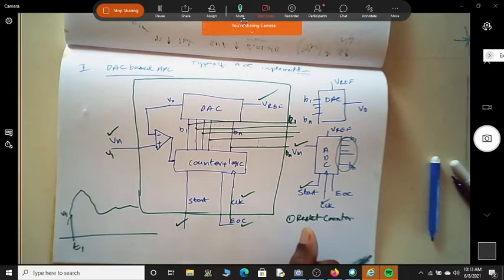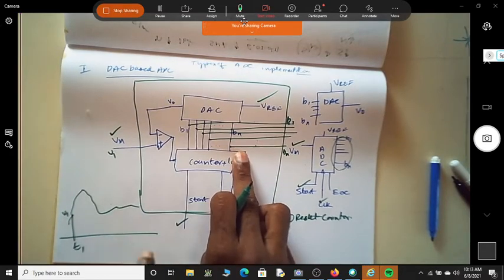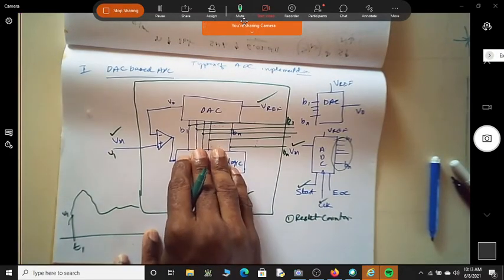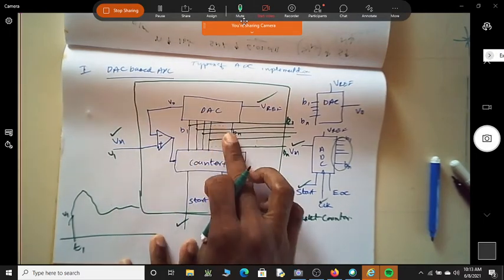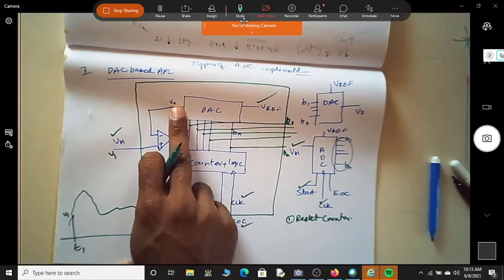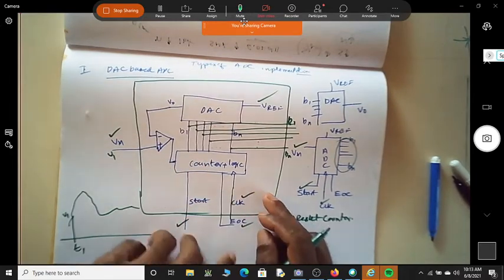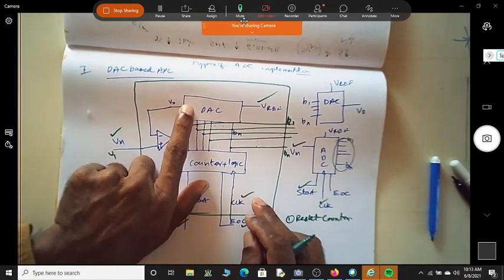All the outputs are 0 from the counter. If outputs are 0 from the counter, what will be the output of the DAC for those 0 inputs? It is 0. So this is 0.